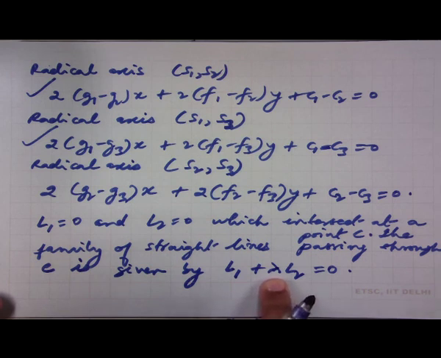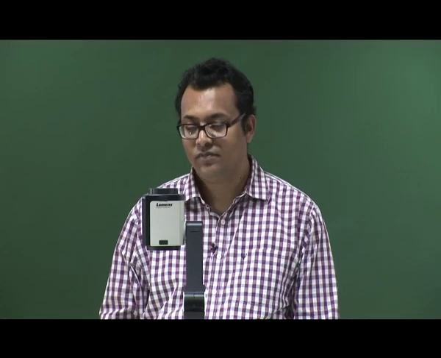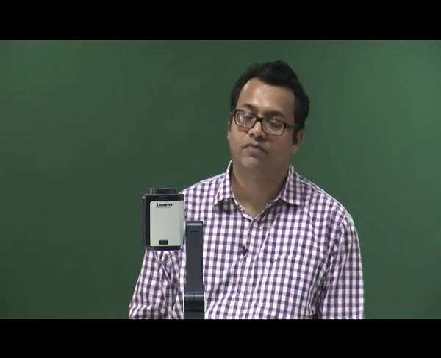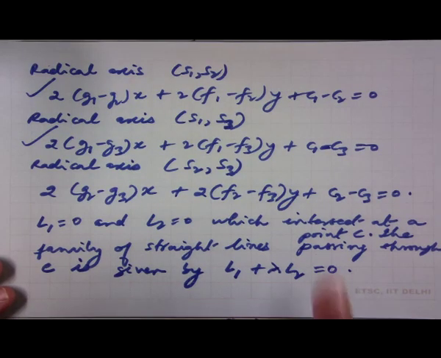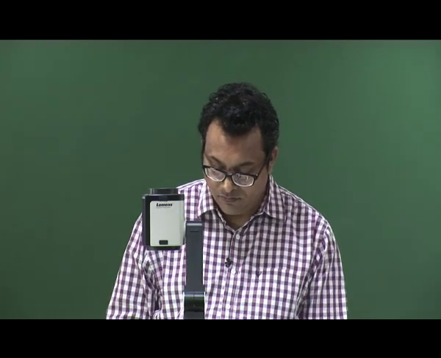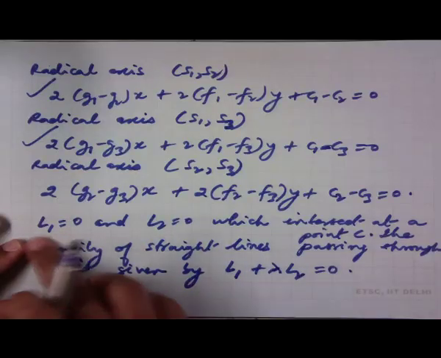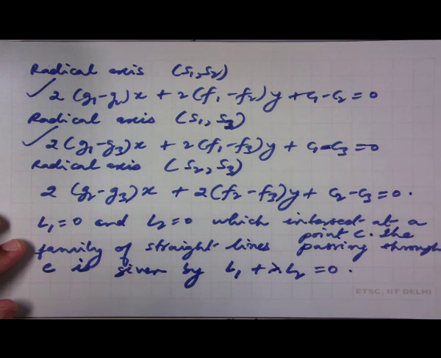We choose different values of lambda, we will get different straight lines, but all these straight lines, no matter what real value of lambda we choose, will pass through the point of intersection of these two straight lines. So, this we already know.